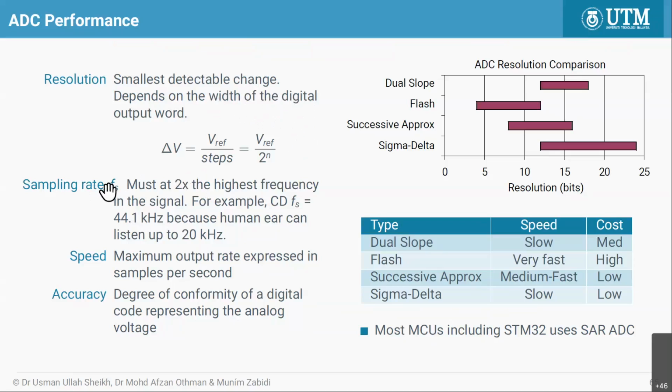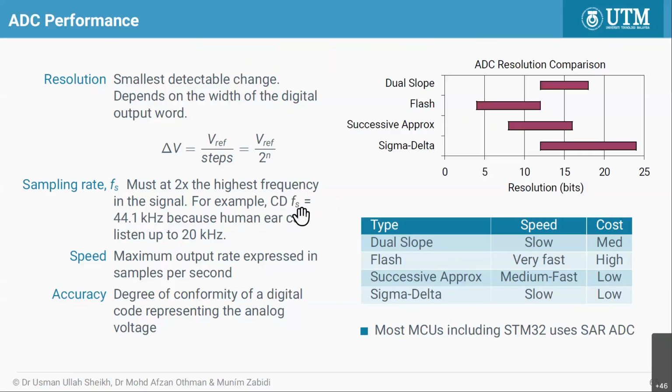And then we have the sampling rate, Fs. The sampling rate must be at least twice the highest frequency of the signal. For example, for the CD it's fixed, it's 44.1 kilohertz, but for internet audio we can have other values as well.